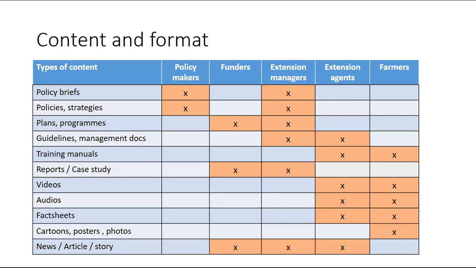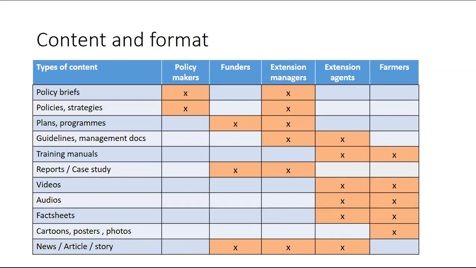Then for founders, I'm picking two or three of the main types of documents here. Of course, a policymaker will also be interested in looking maybe at some cartoons or posters or articles and so on.